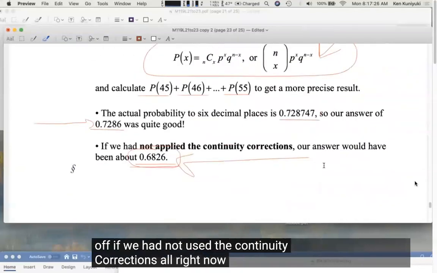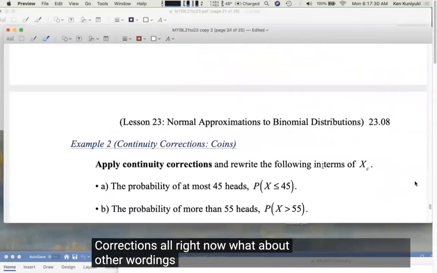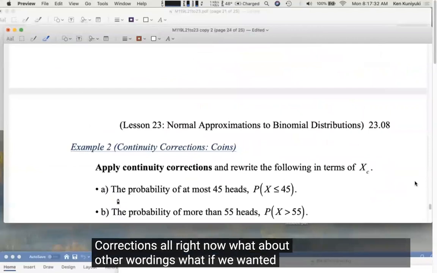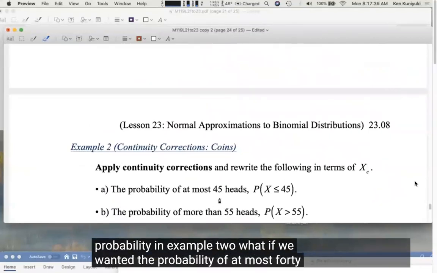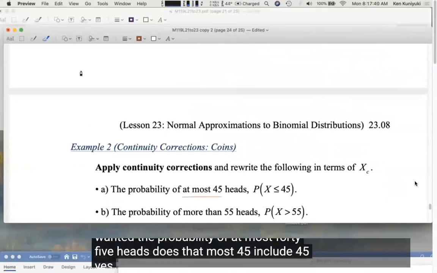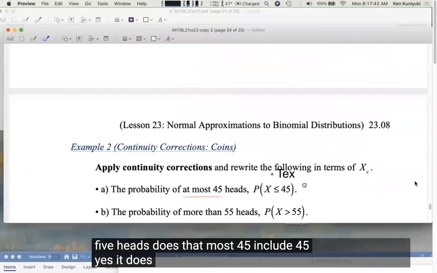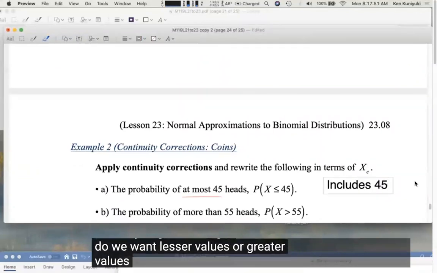All right. Now, what about other wordings? What if we wanted the probability, in example 2, of at most 45 heads? Does at most 45 include 45? Yes, it does. It includes 45 heads. And do we go left or right? Do we want lesser values or greater values?